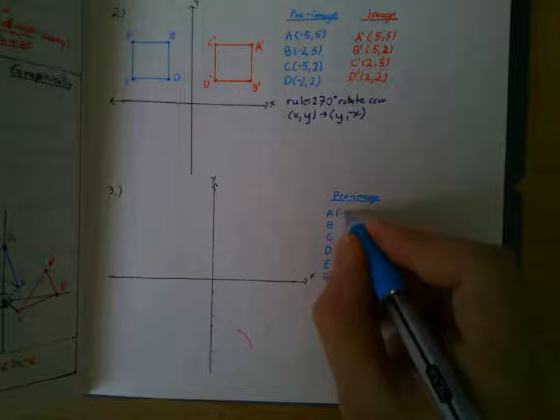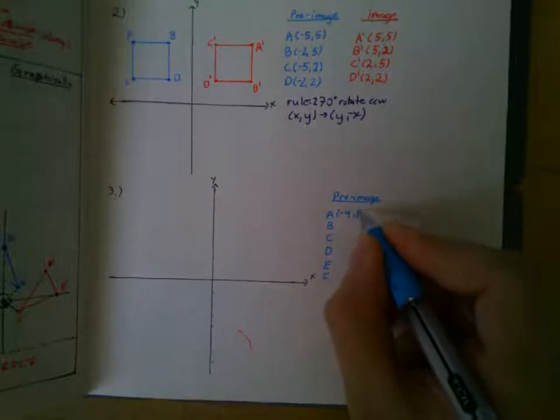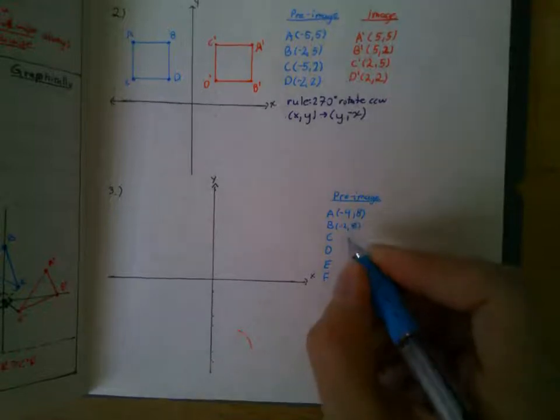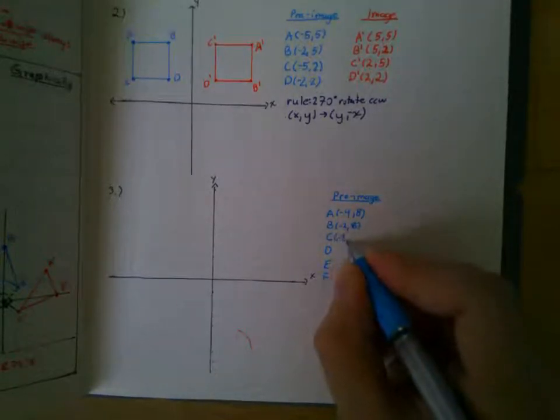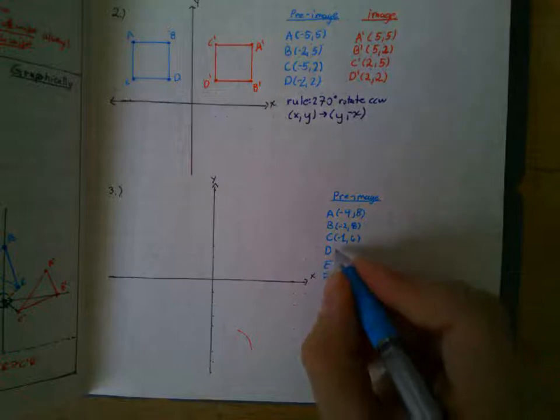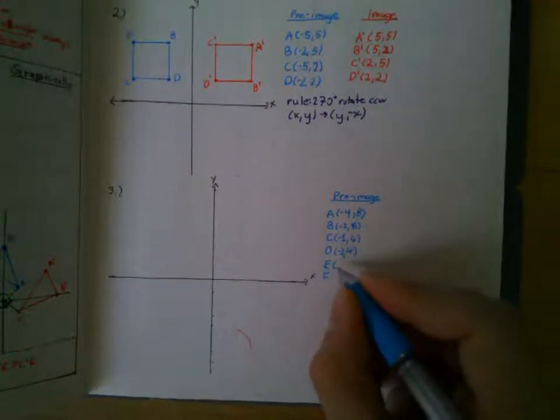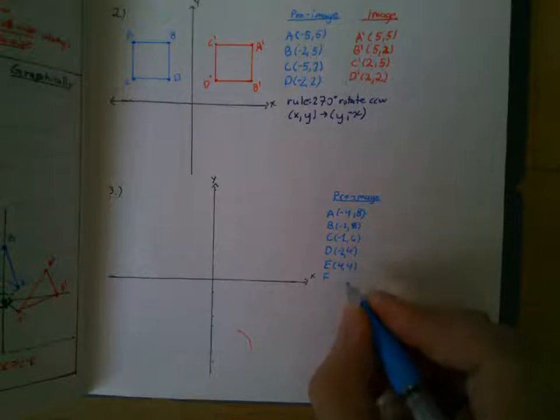For A, it's -4, 8. For B, it's -2, 8. For C, it's -1, 6. D is -2, 4. E is 4, 4, and F is negative 5, 6.